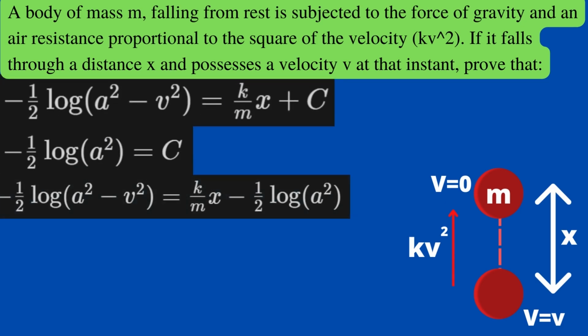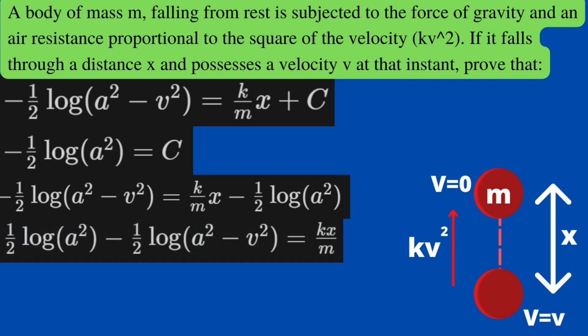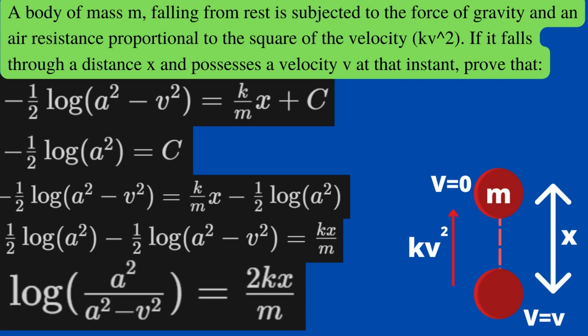We get half log (a square minus v square) is equal to kx by m minus half log a square. Simplifying further and using property of log, we get 2kx by m is equal to log of a square by (a square minus v square). And that is what we were required to prove.